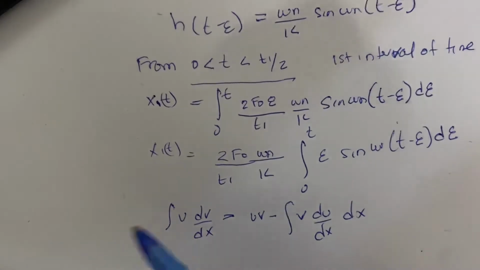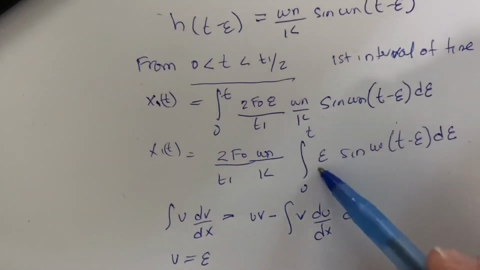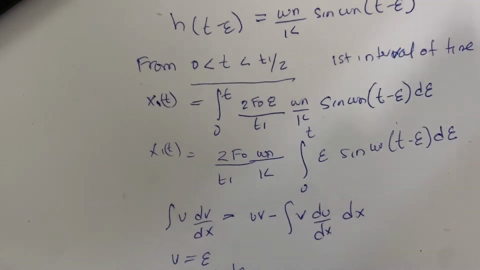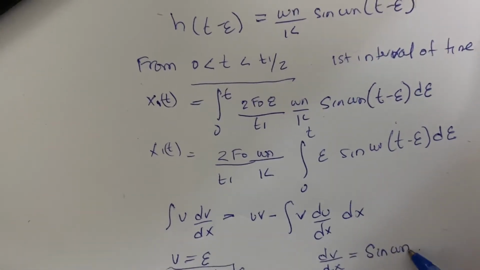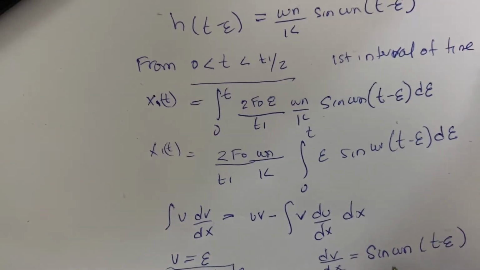If I set u equal to epsilon, then du is equal to d epsilon. And if I set dv equal to sine of omega n (t minus epsilon), then first of all, notice that I need to integrate this to get v, right?